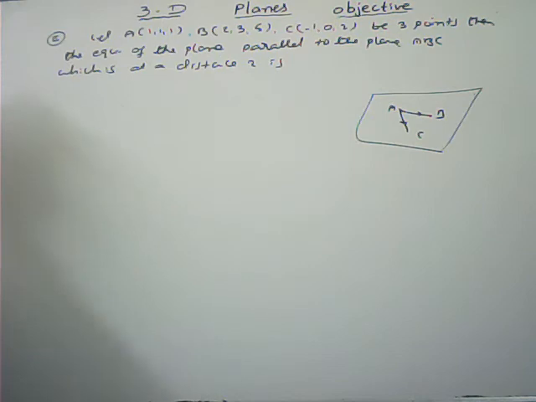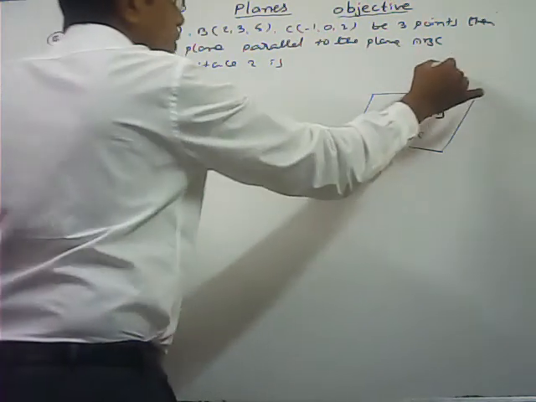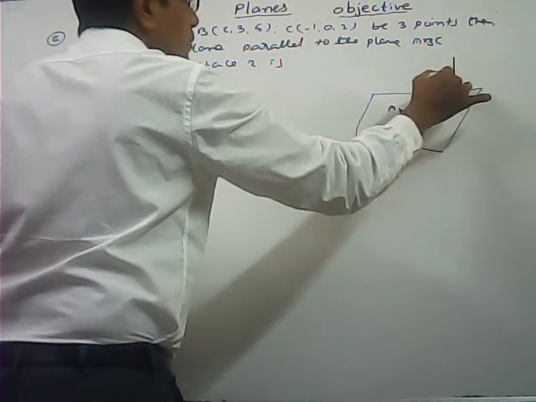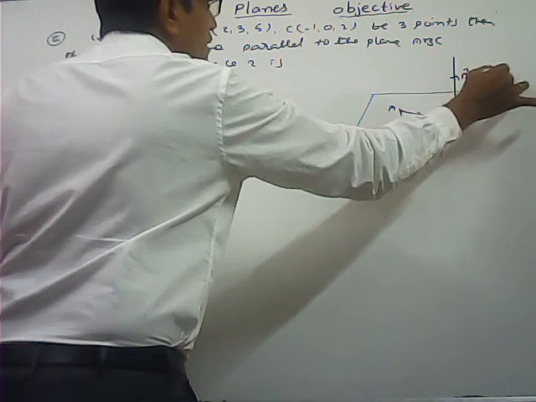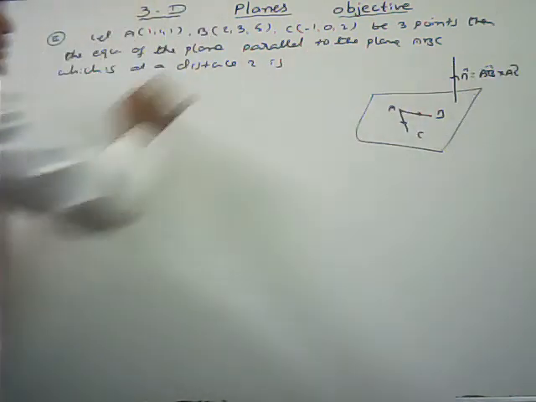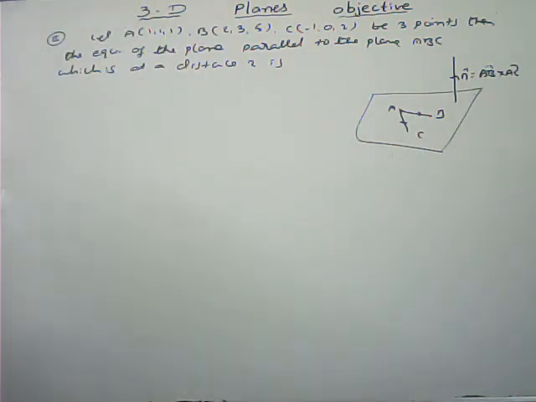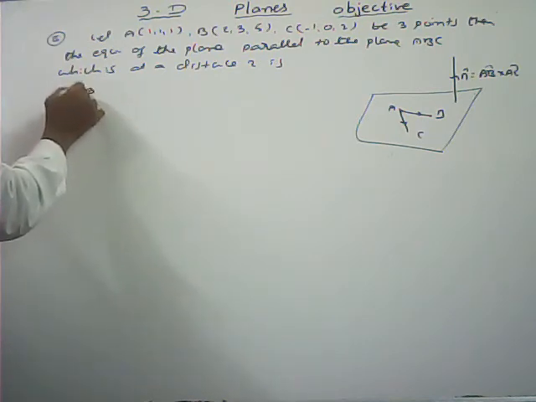This one also we discussed in the theory part, how to find the equation of the plane if it passes through 3 points. First we can find the normal vector, that is AB bar cross AC bar, the vector perpendicular to the plane containing two vectors AB bar and AC bar, that is nothing but their cross product only. First we can find AB bar cross AC bar.